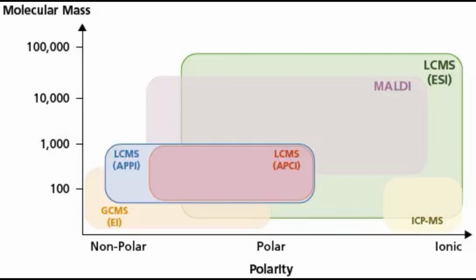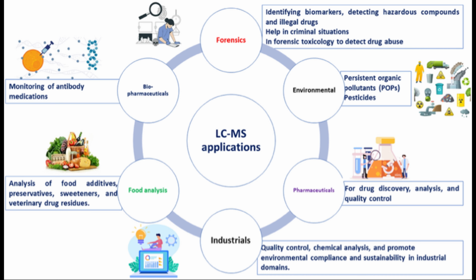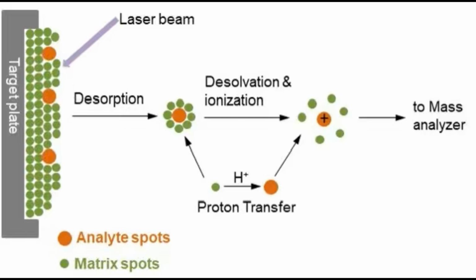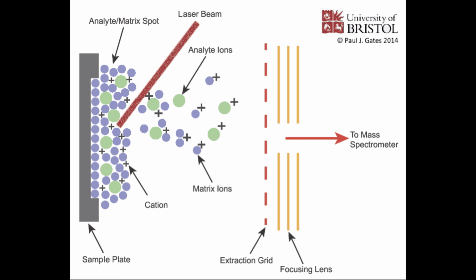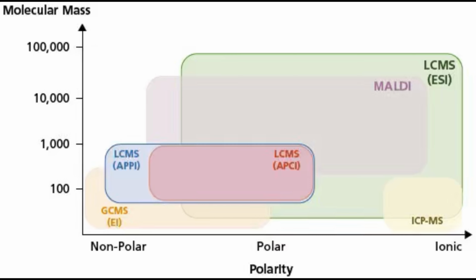GCMS with electron ionization sits in the lower non-polar region, handling compounds roughly from 100 to maybe 1000 Daltons. LCMS with APPI covers non-polar to moderately polar compounds, also in that 100 to 1000 Dalton region. LCMS with APCI handles polar compounds in a similar mass range.